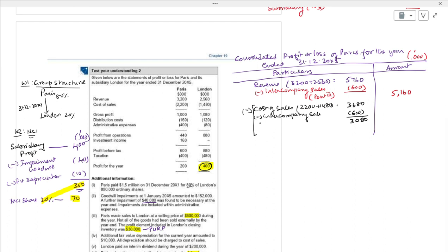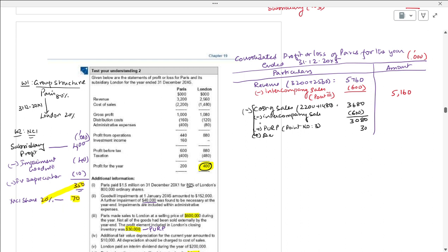But you have to add to the cost of sales the portion of unrealized profit, point number 3. How much is there? 30. Add. Next, you have depreciation, fair value depreciation.